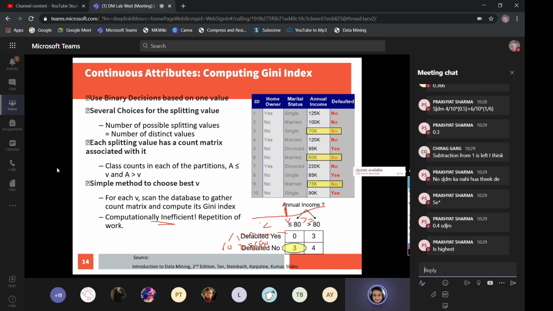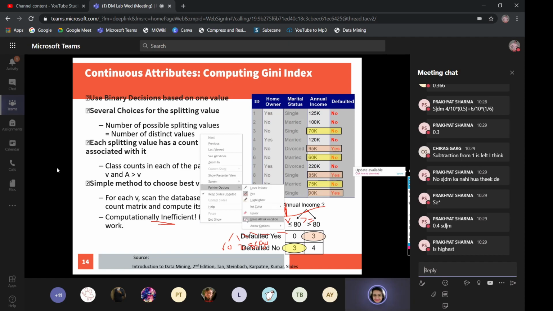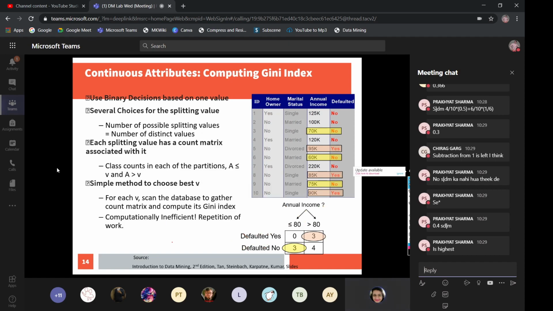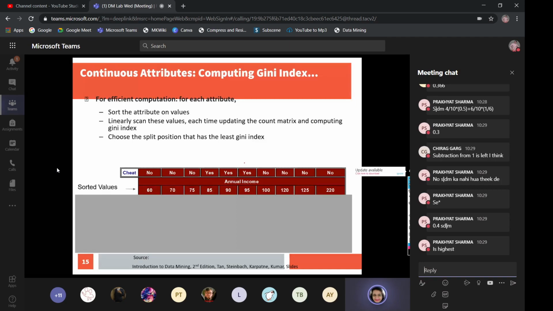So what is the other solution? Sort the attributes on values like this.